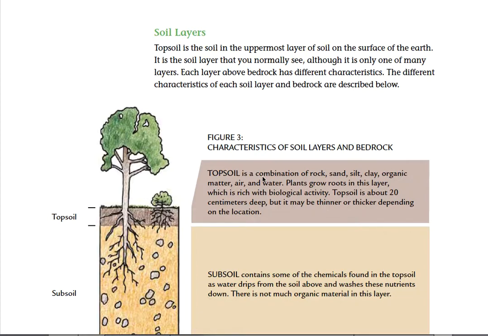Characteristics of soil layers and bedrock. Topsoil is a combination of rock, sand, silt, and clay, organic matter, air, and water. Plant roots grow in this layer, which is rich with biological activity. Topsoil is about 20 centimeters deep, but it may be thinner or thicker depending on the location.